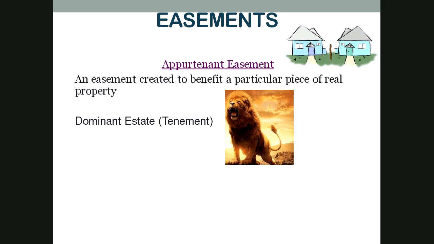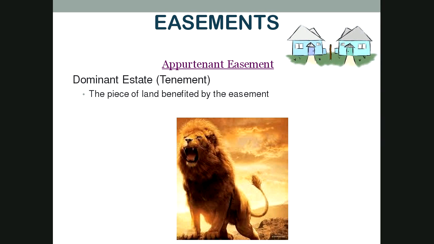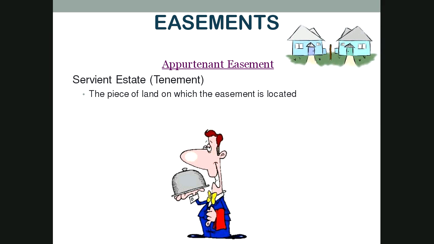So you have two parts of an appurtenant easement: the dominant estate and the servient estate. The dominant estate is the piece of land that's going to be benefited by the easement. And the servient estate is the piece of land where the easement is located, and that serves the other parcel of land.